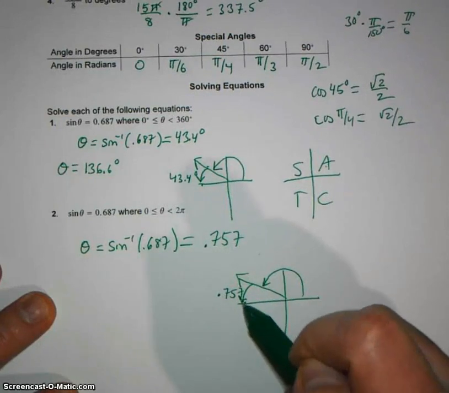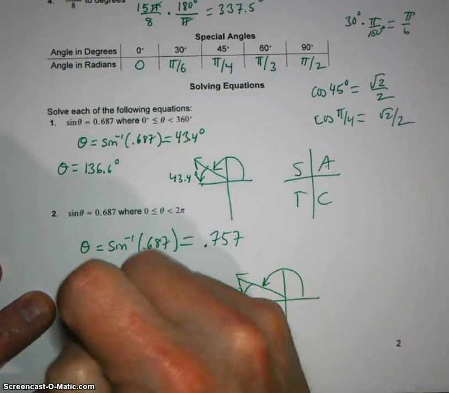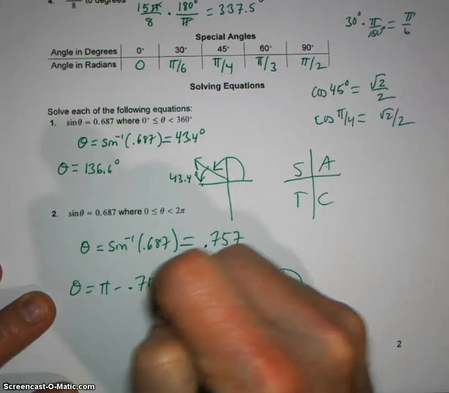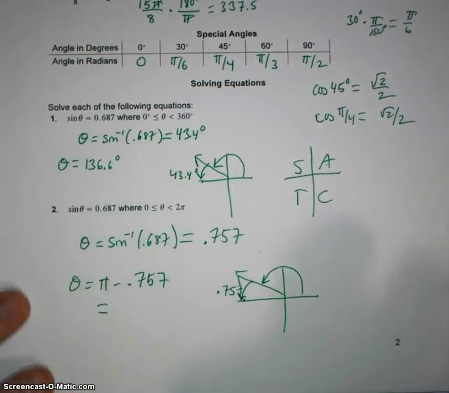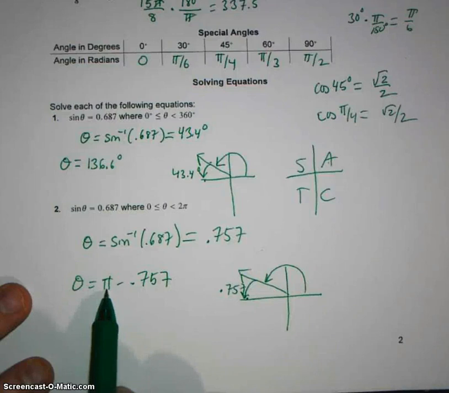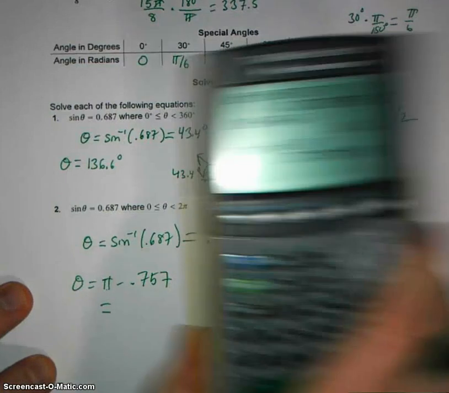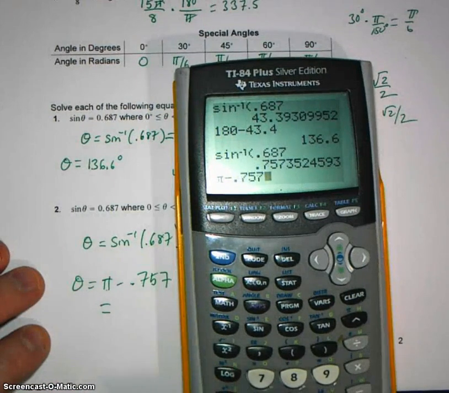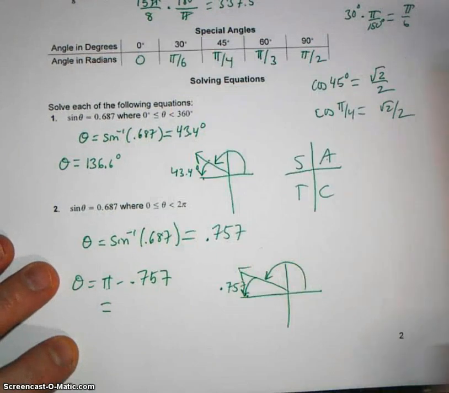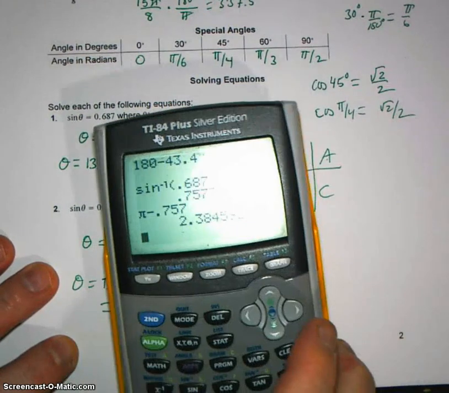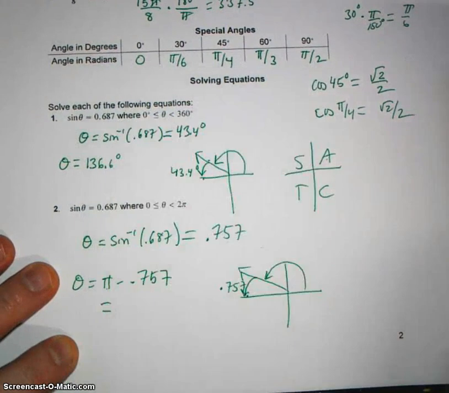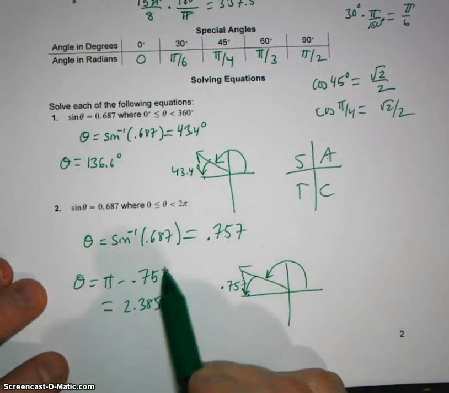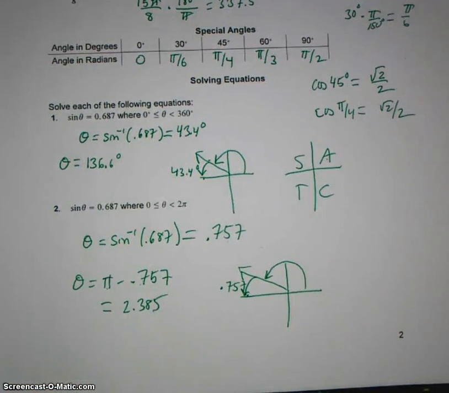And then we need to subtract the 0.757. So it's exactly the same process. The difference is instead of 180 degrees, you use pi. Pi minus 0.757, 2.38. Oh, I should give it to 3 decimal places, I guess. 2.385. I gave this one to 3 decimal places. I'll give that one to 3 decimal places.